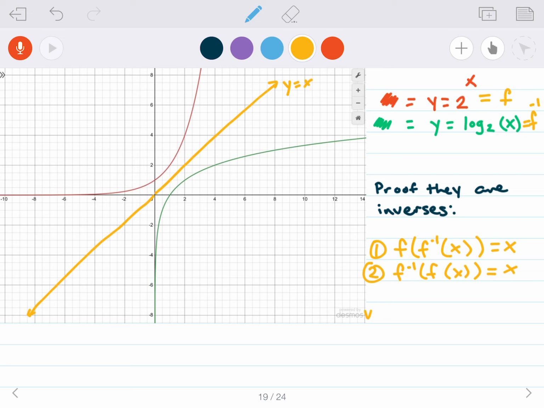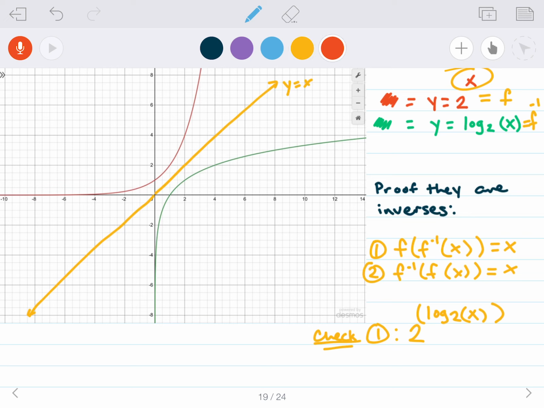So let's check the first condition. To do that, we're putting the inverse function inside of f. So instead of the x in 2 to the x, we're putting in log base 2 of x.